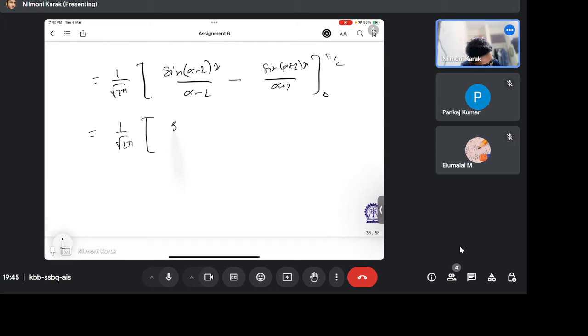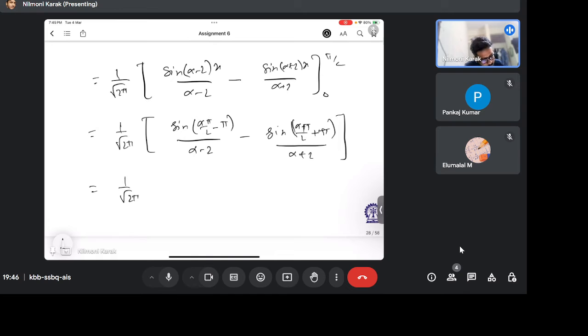So, sine alpha pi by 2 minus pi divided by alpha minus 2, minus sine 0 which is 0, and only sine alpha pi by 2 plus pi divided by alpha plus 2 remains. And you know, 1 by root 2 pi, sine of x minus pi is minus sine x, right?